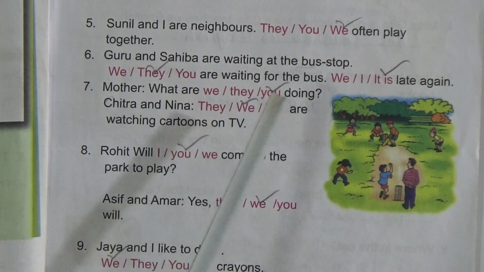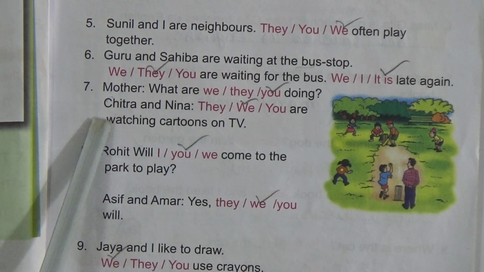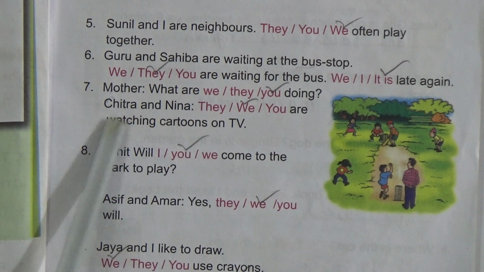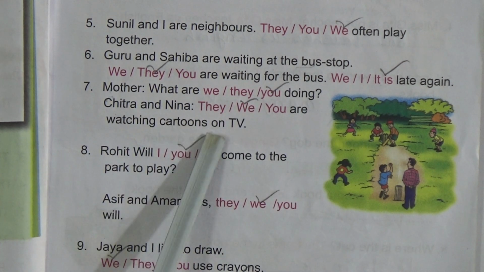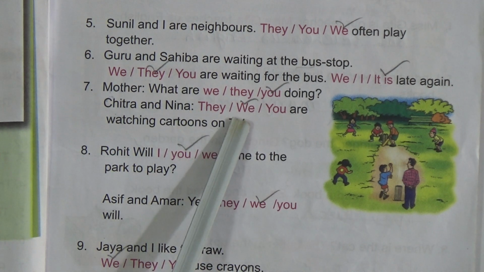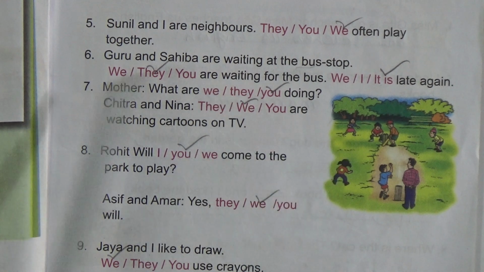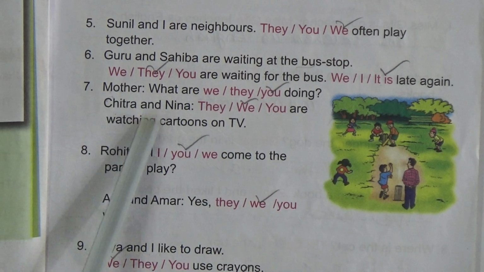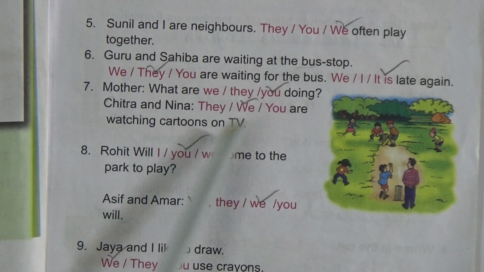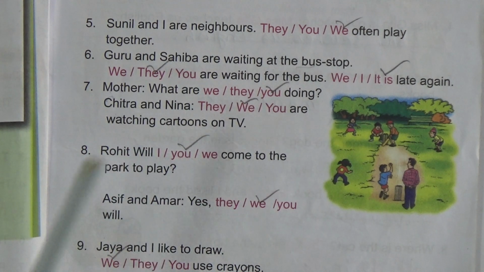Here Chitra and Naina, both of them are saying: we are watching cartoons on TV. So here you will put a tick on the word we.